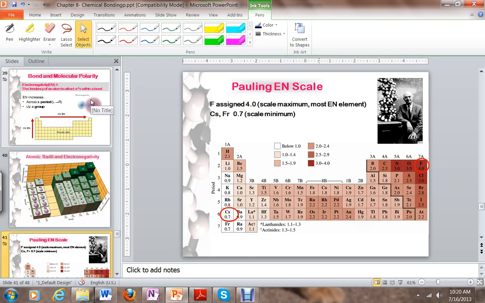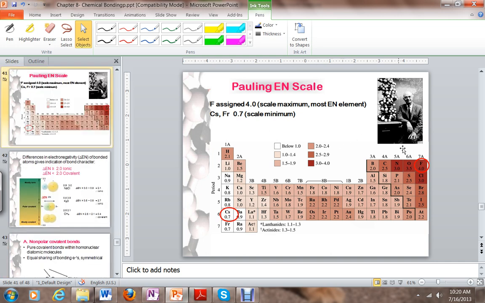Okay, so let's keep on going here. The Pauling scale assigns fluorine as the most electronegative element, because going up and to the right, fluorine is assigned 4. Then everything is just a comparison of the electronegativity that each element has.